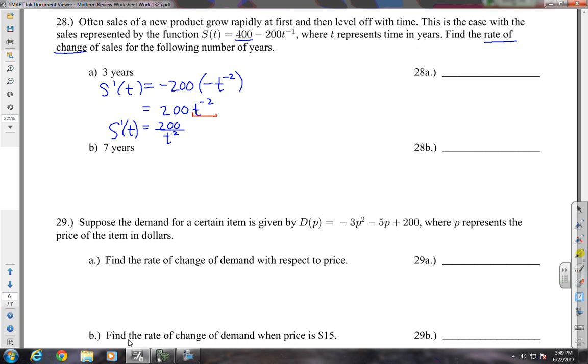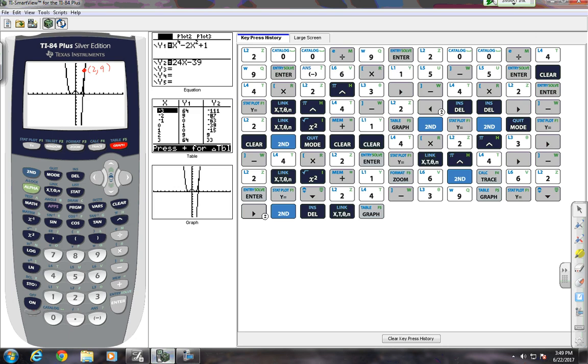On part A, we need the rate of change at 3 years. So that means I'm going to plug t equals 3 into the derivative. We obtain 200 over 3 squared. So the exact answer to this problem would be 200 over 9, but we can approximate that and get a dollar value with our calculator. On our calculator, I'm just going to do second quit to go back to the home screen.